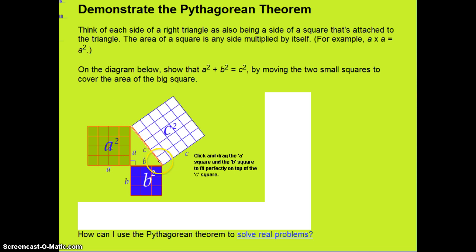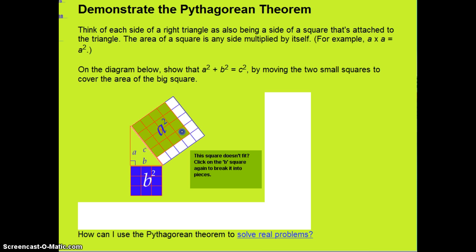So we have this right triangle with the two legs A and B, and the hypotenuse is C. They've designated side A to be 4 blocks, so we have 4 blocks, and the area, 4 times 4, or A times A, is going to give us 16. So we're going to take these 16 and move them in there. Then this side B, using that same measurement, we have 3 across and 3 down, which gives us 9.